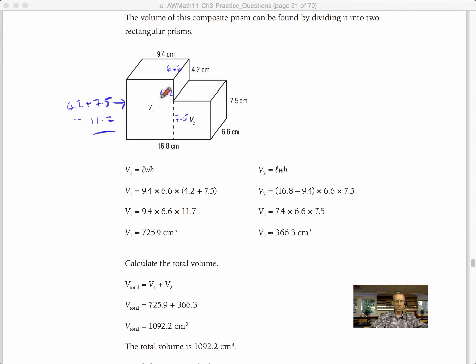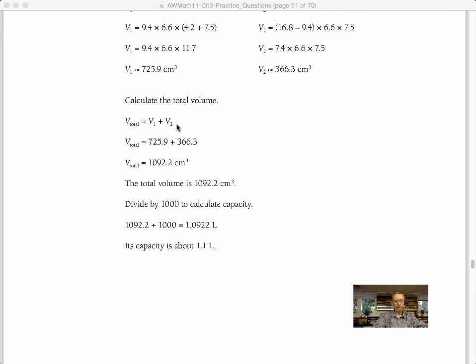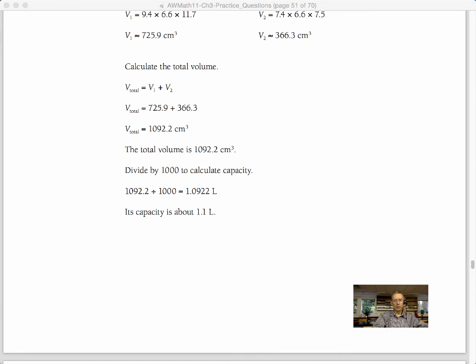So now for this volume 1, we can go base, which is going to be the 9.4, the same as here, times 6.6, times the height of 11.7, and that's the calculation they're showing you right here. And they do the same for volume 2 as well. And there we have it. That's that section there.